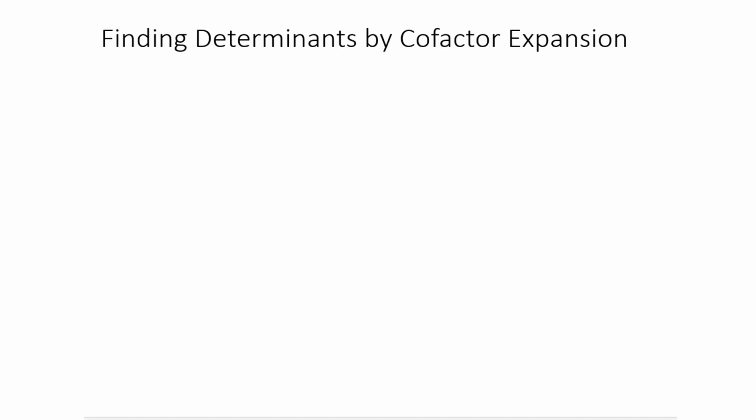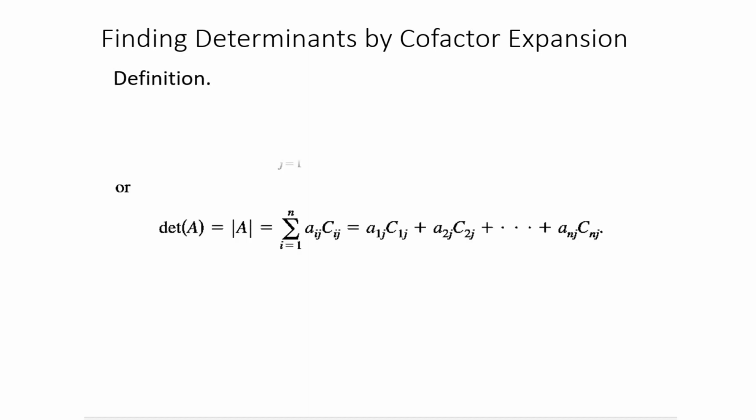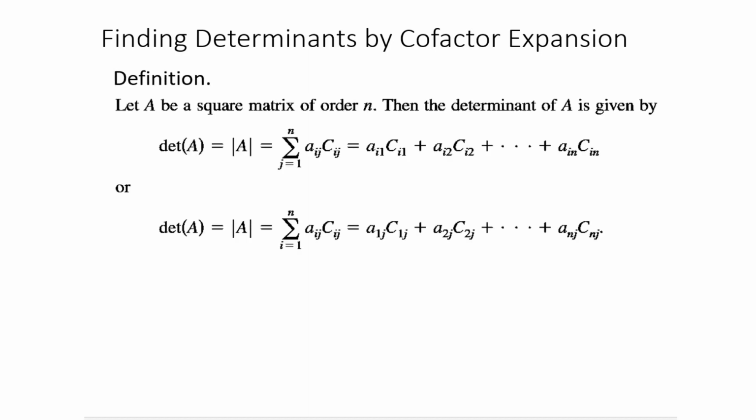Next, this time we will use the cofactor expansion in finding the determinant of a matrix. So we have a definition. Let A be a square matrix of order n. Then the determinant of A is given by the sum of A sub i1 times C sub i1, plus A sub i2 times C sub i2, plus and so on until A sub in times C sub in.